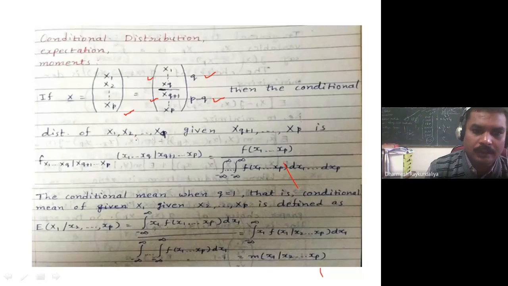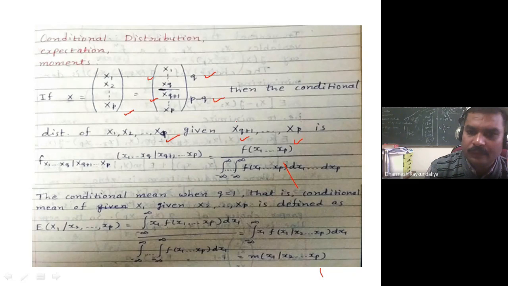Then the conditional distribution of x1, x2, up to xq given xq plus 1 up to xp, we can denote as f of x1, x2, xq given xq plus 1 up to xp. So how do we obtain the conditional distribution?